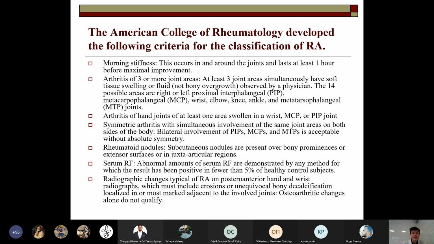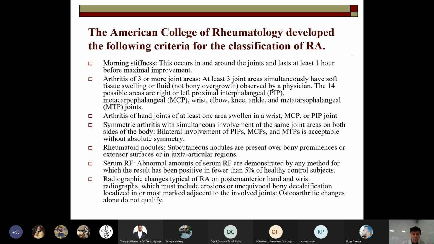The next slide elucidates our knowledge about the following diagnostic criteria, which can be applied for both classification of rheumatoid arthritis and providing the final diagnosis. So first of all, it would be morning stiffness.